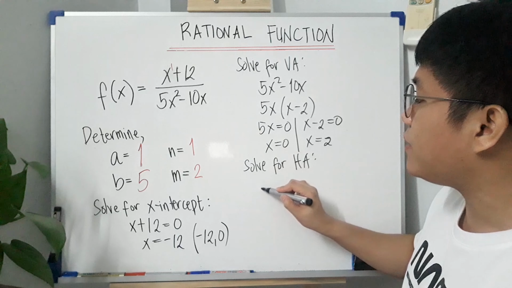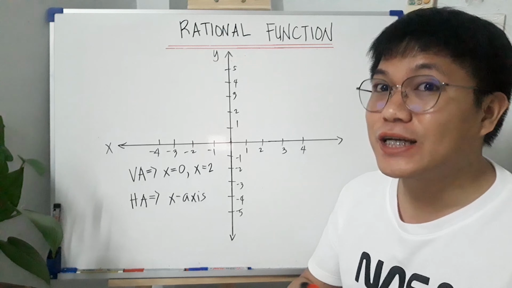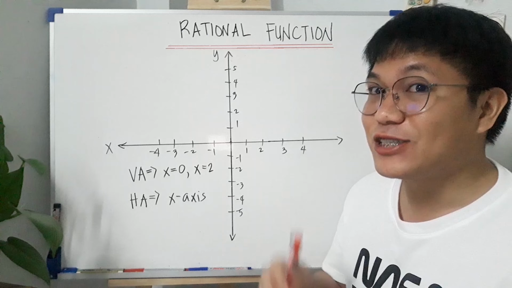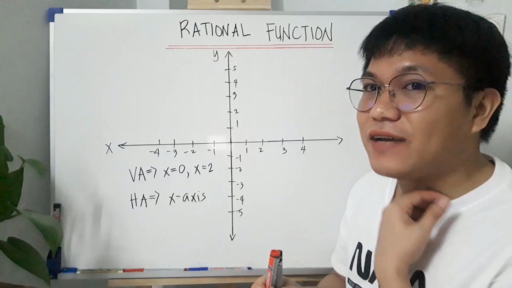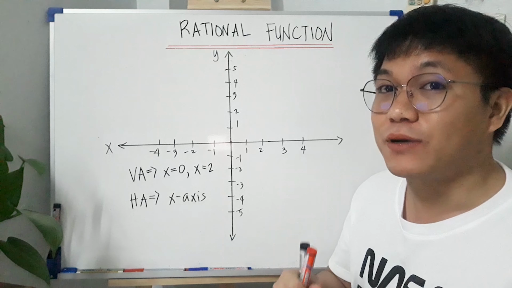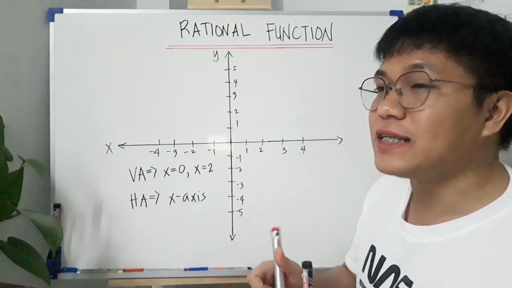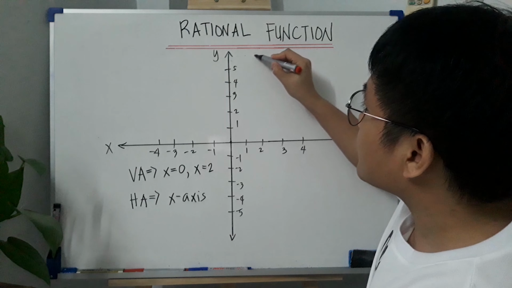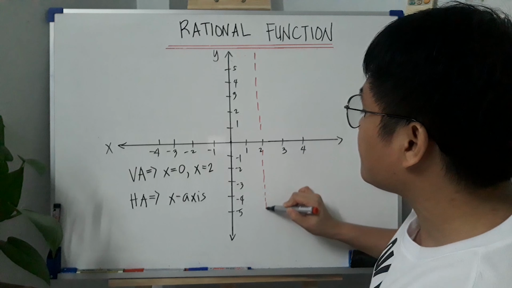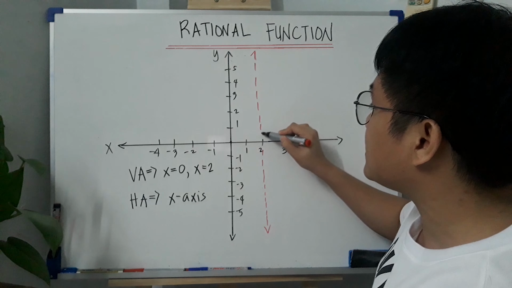Now, how does the graph of this rational function look like, considering our vertical and horizontal asymptote? The first thing to do is put our horizontal asymptote and vertical asymptote in our Cartesian plane. Since there are two vertical asymptotes given, one is x equals 0, and the other is x equals positive 2. So we first put x equals positive 2, a line passing through positive 2.